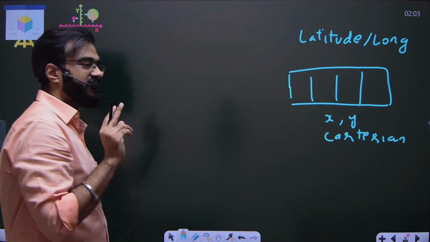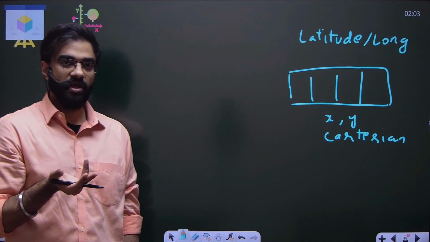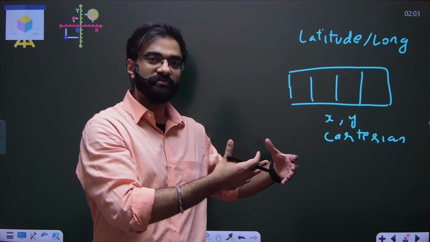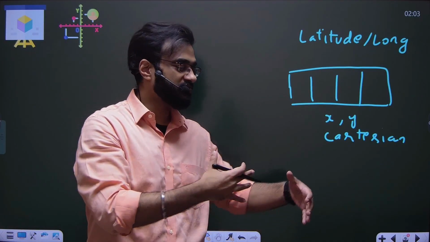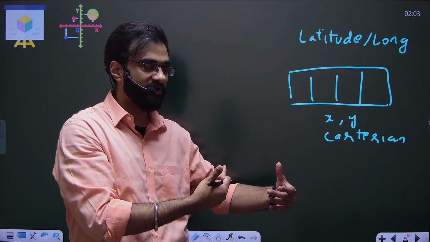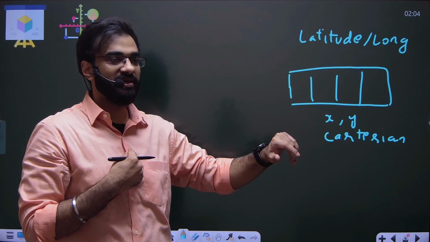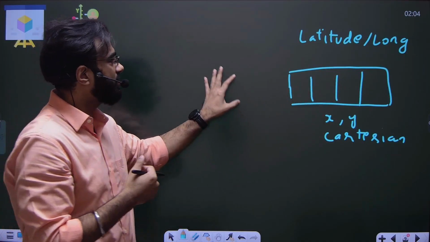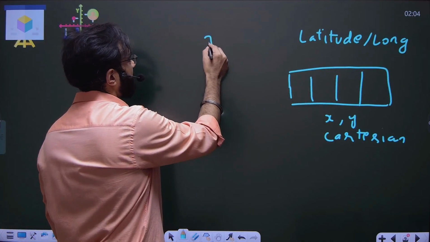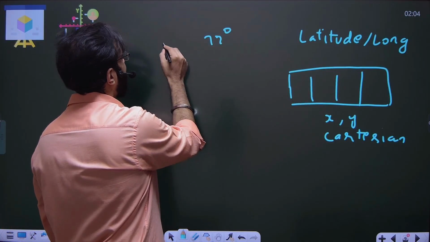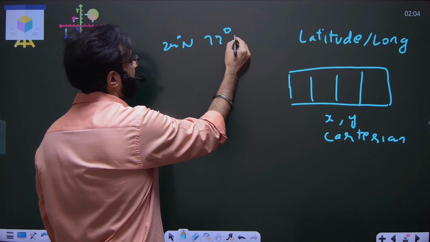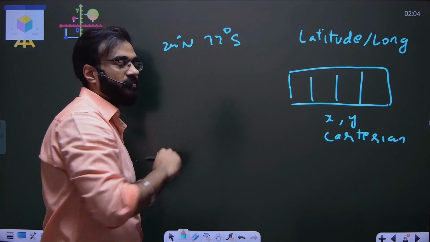So now we have to obtain a projection, because if we are carrying a globe, why do we actually need a projection? First of all, we cannot carry a globe everywhere. And if we have to measure a distance like east or north, we cannot say, okay, I am at 24 degrees north and 77 degrees east, so come meet me here.